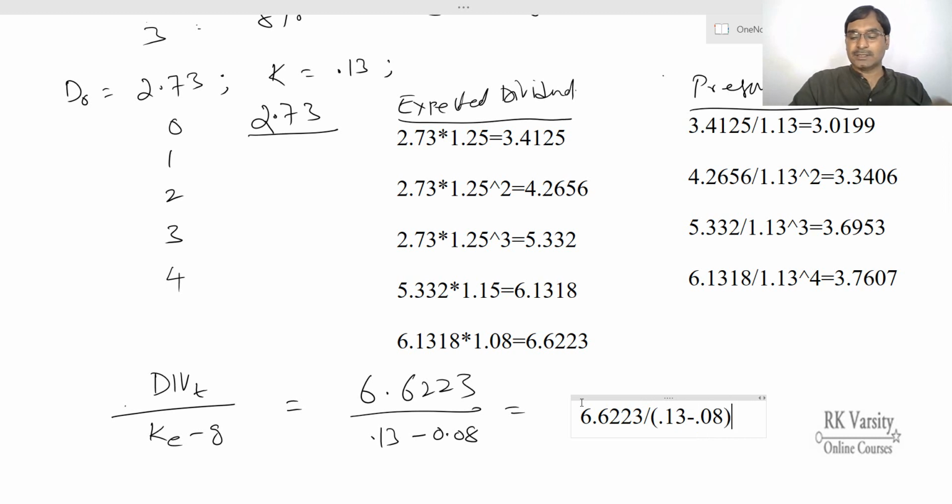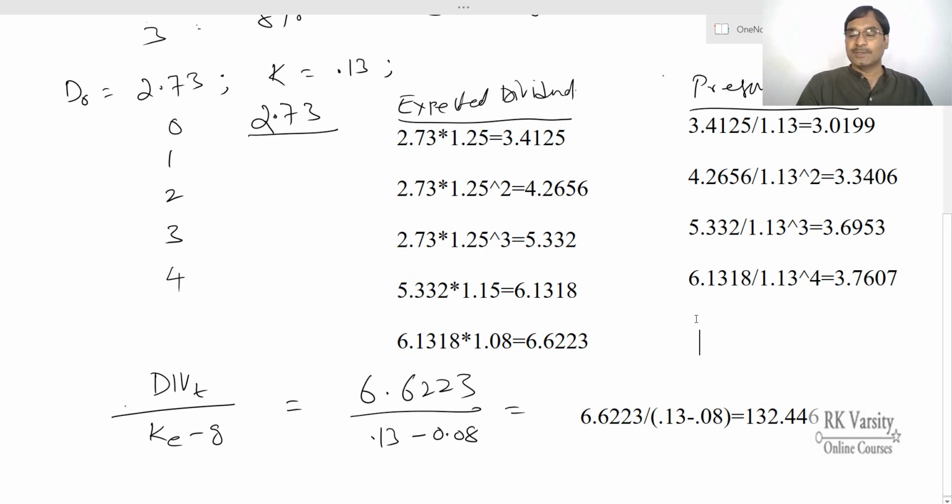This 0.13 minus 0.08 needs to be in the brackets. Otherwise the calculation will be 6.6223 upon 0.13 then minus 0.08. So to avoid that, you need to put the KE minus G within the brackets. So 132.446 is the terminal value.